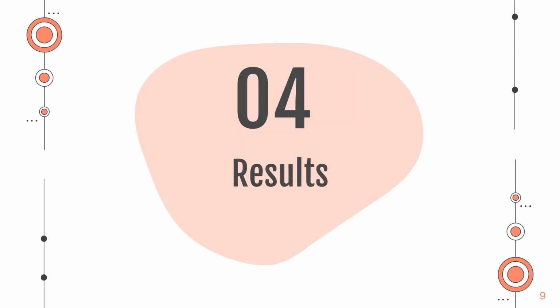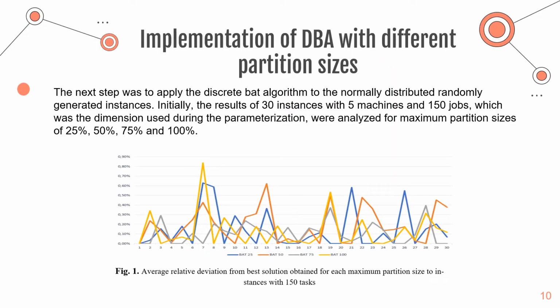With the results obtained in the parameterization, the next step was to apply the discrete Bat algorithm to the normally distributed, randomly generated instances. Initially, the results of 30 instances with 5 machines and 150 jobs, which was the dimension used during the parameterization, were analyzed for a maximum partition size of 25, 50, 75, and 100% of the size of the problem.